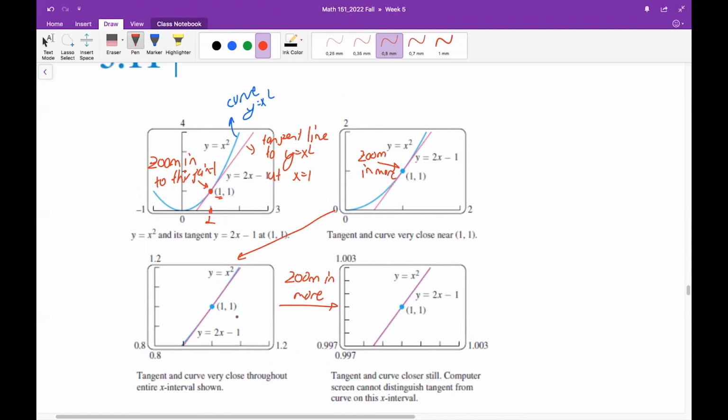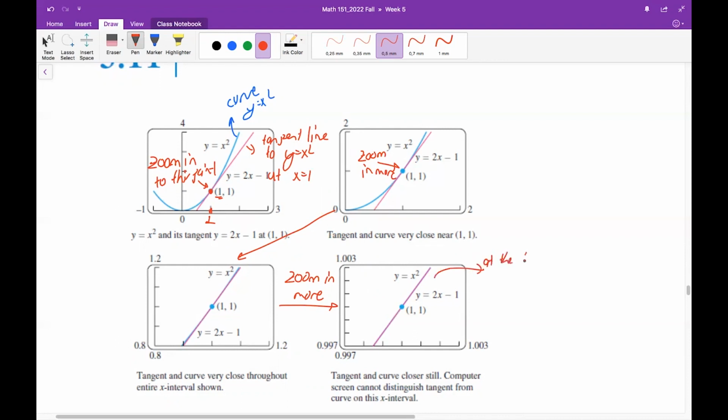The more we zoom in, the less difference we obtain between the curve and the tangent line. And if you continue this zooming in process, you will eventually find out that at the tangency point, the curve and the tangent line get so close, and then eventually they behave like the same. Okay, let me write this down.